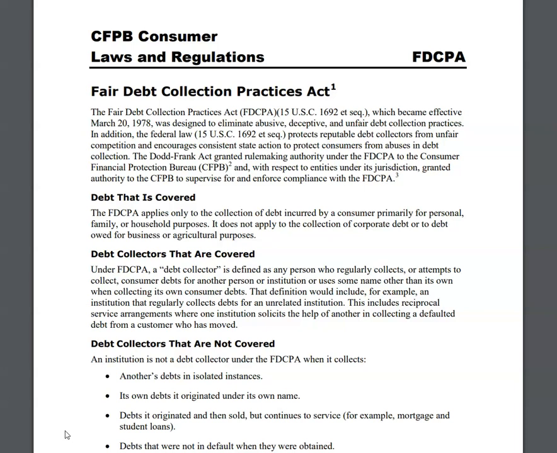So let's first go through it. This is with the CFPB. You can see up top here, CFPB Consumer Laws and Regulations. And this is an extension of the Fair Debt Collection Practices Act, and it goes into how these two got combined. So first, reading from the top, the first paragraph: the Fair Debt Collection Practices Act, FDCPA, 15 USC 1692, which became effective March 20th of 1978, was designed to eliminate abusive, deceptive, and unfair debt collection practices.